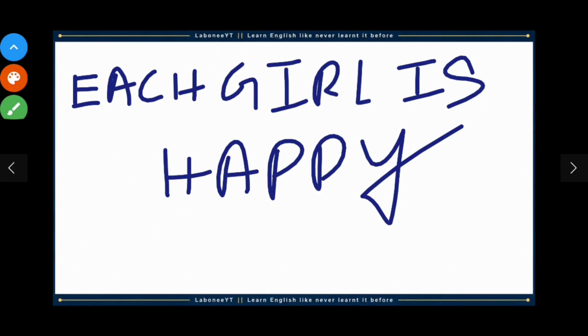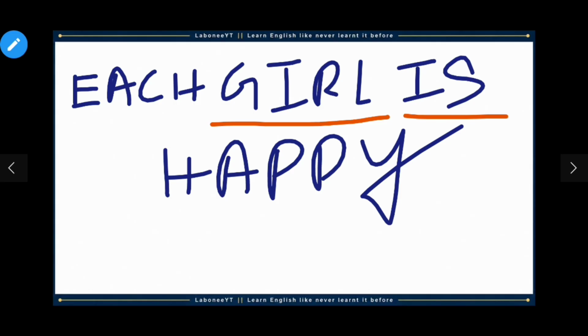So what I have mentioned here, each sits with a singular noun. So here girl is a singular noun, and then we use a singular verb, and that is is. Is is a singular auxiliary verb form which is used with a singular noun, and before the noun, we have written each to denote the usage of each in a sentence. So that is the main thing, how to express each correctly in a sentence.